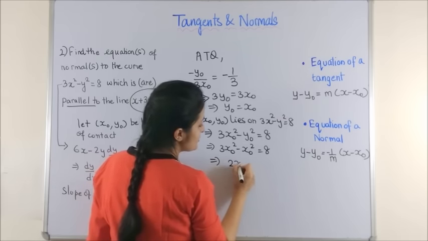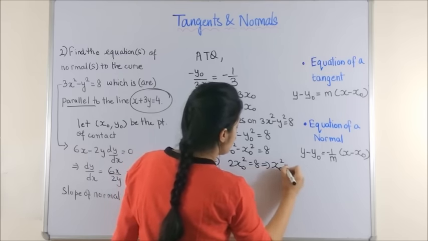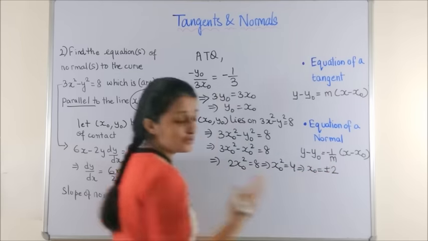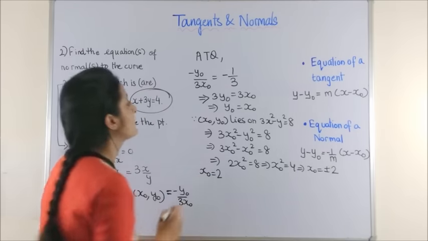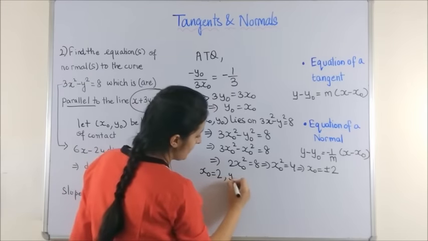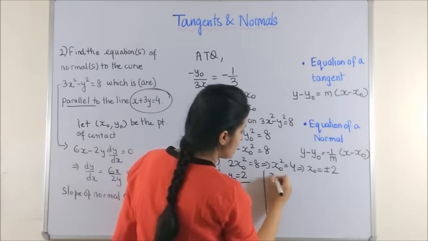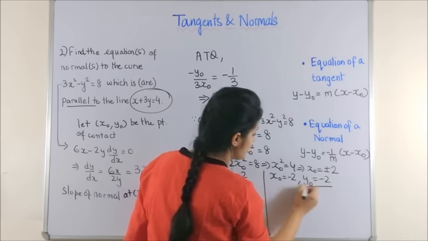This means 2x naught square is equal to 8. This gives us x naught as plus or minus 2. So, two cases. Now, if your x naught is 2, then your y naught is also 2 from here. Similarly, when your x naught is minus 2, that makes your y naught also minus 2.